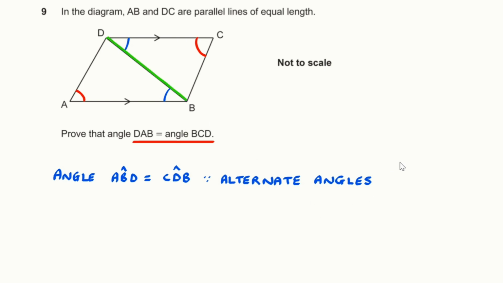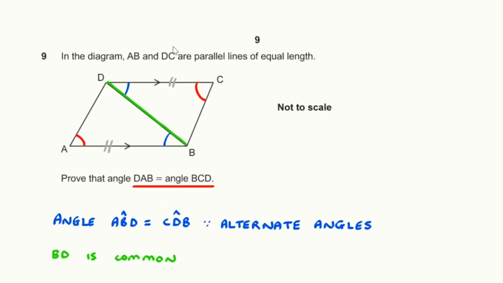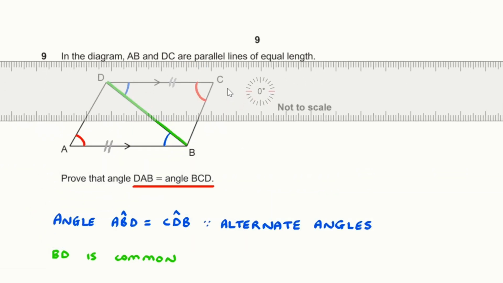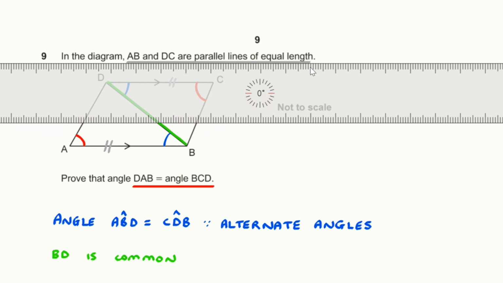So let's just write down that reasoning. BD is common to both. And we know that AB is equal to CD. So that sentence was given to us already.